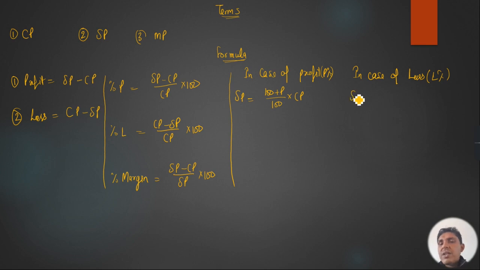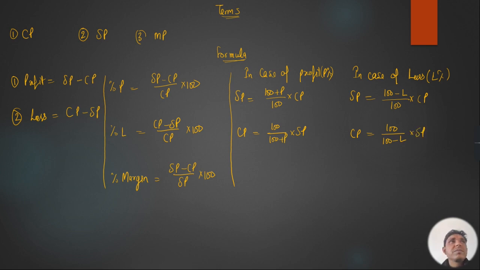On the other side, in case of loss, selling price can be calculated as 100 minus L divided by 100 multiplied by cost price, right? If you have to calculate cost price, it can be calculated as 100 divided by 100 plus P multiplied by selling price, and similarly in case of loss, cost price can be calculated as 100 divided by 100 minus L multiplied by selling price, right?